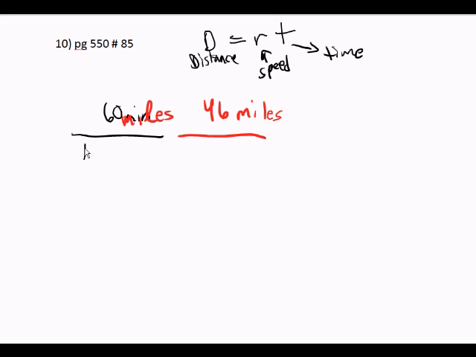So the time is X. We don't know how long she took first. But after lunch, her time was 1 hour more, X plus 1. But her speed was 4 miles per hour slower than before.